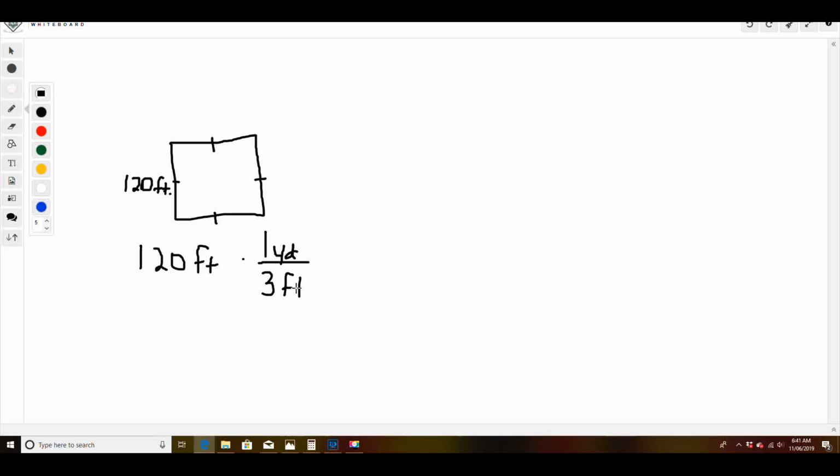That's our ratio, correct? Now cancel out these things. We're left with 120 over 3, which equals, and we're left with yards. 3 goes into 120, what is that, 40? Yeah, 40. So we're left with 40 yards. Remember how we did that? We converted to yards.